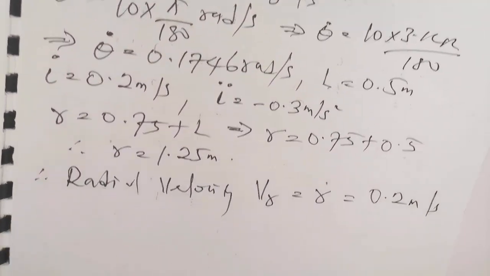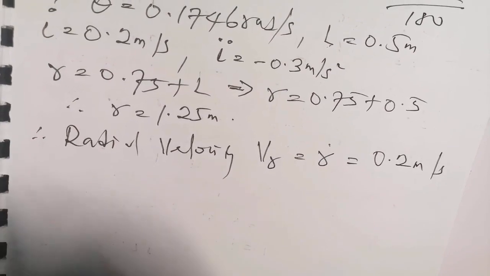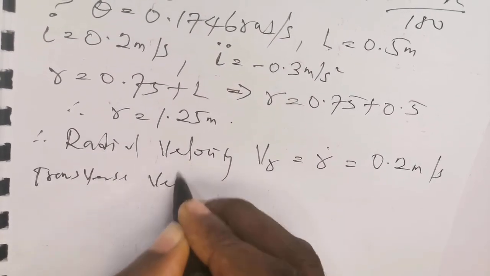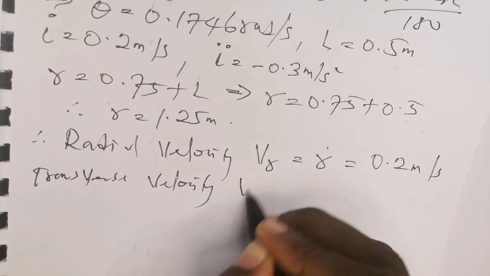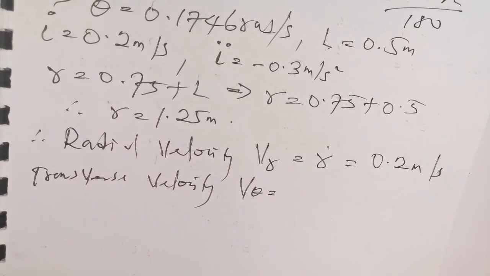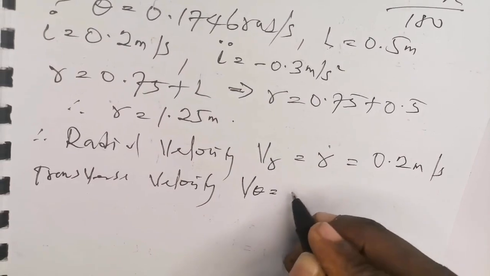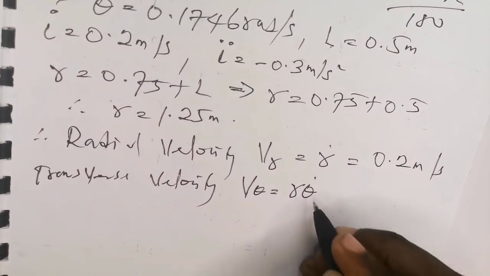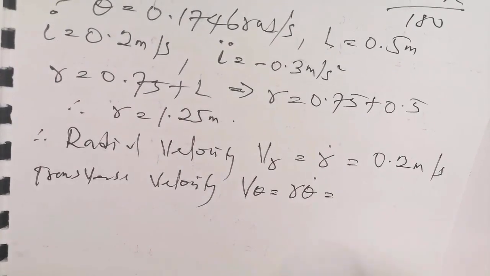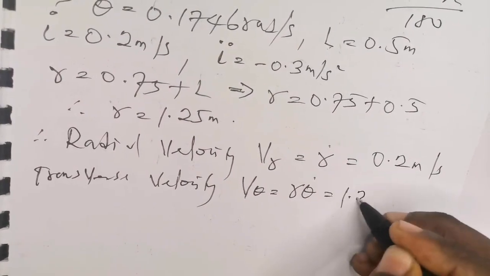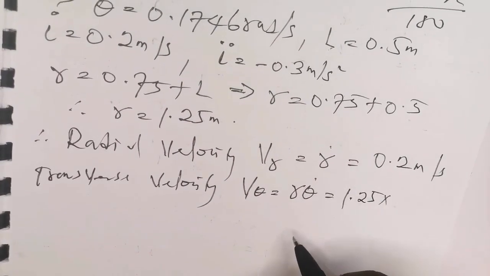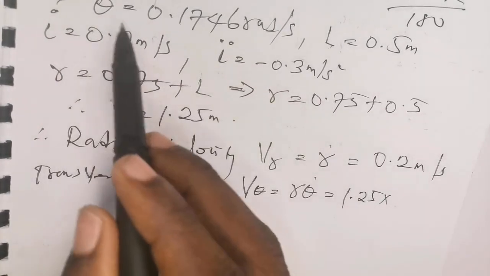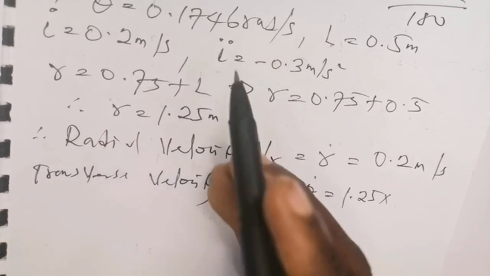Now the next thing to do is to find the transverse velocity, which is v theta, and v theta is simply given as r theta dot. So this is equal to, r is 1.25. Now, what is theta dot? We've already found theta dot over here to be 0.1746.